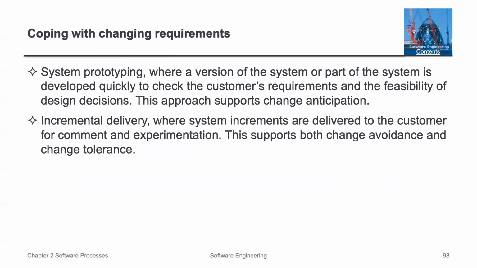So, coping with changing requirements: system prototyping, where a version of the system or part of the system is developed quickly to check the customer's requirements and the feasibility of design decisions. This approach supports change anticipation. Incremental delivery is where system increments are delivered to the customer for comment and experimentation. This supports both change avoidance and change tolerance.